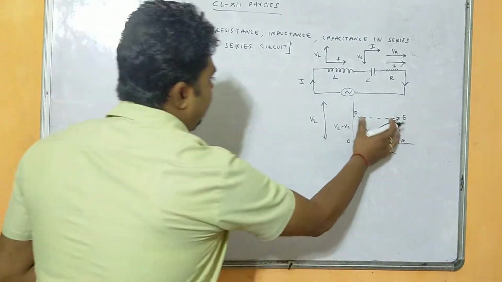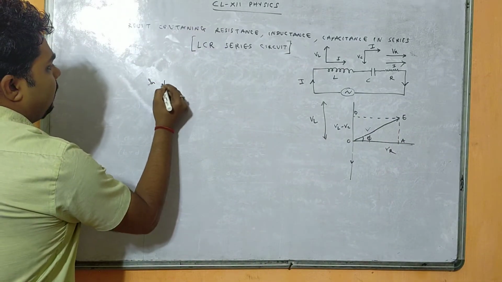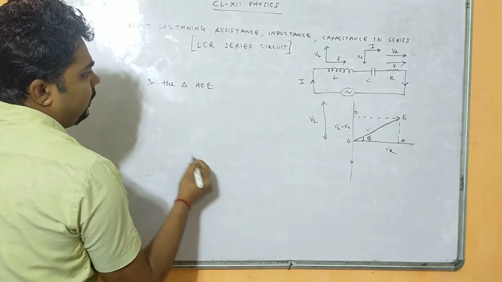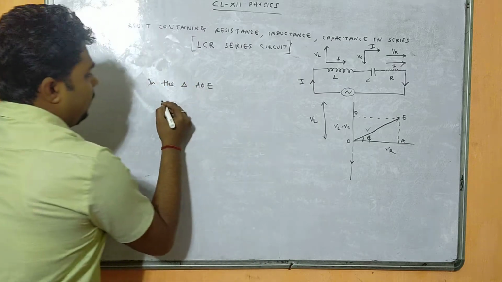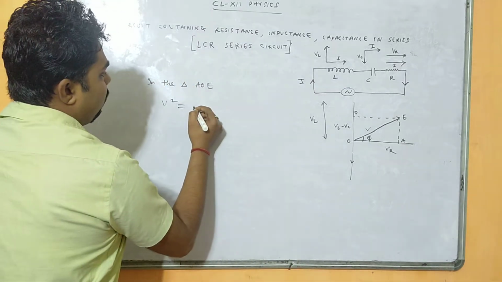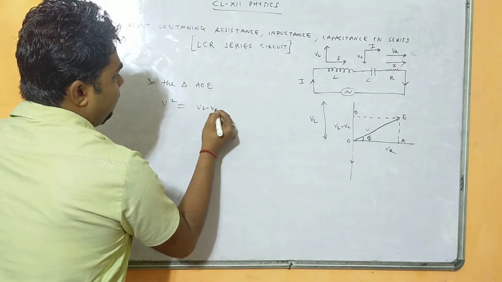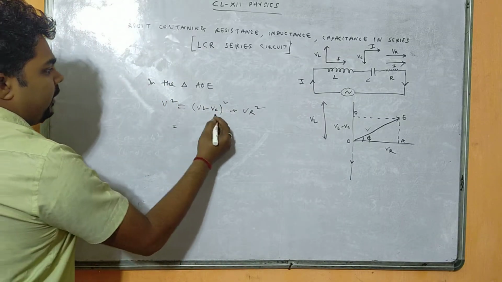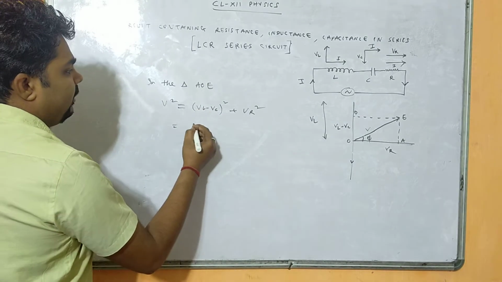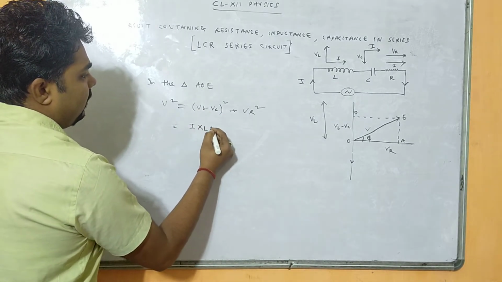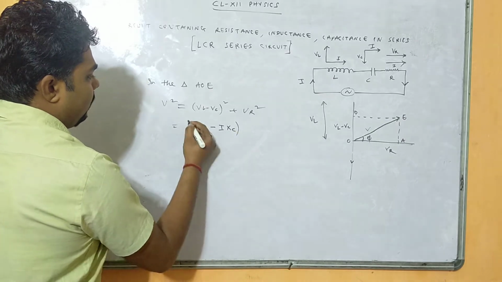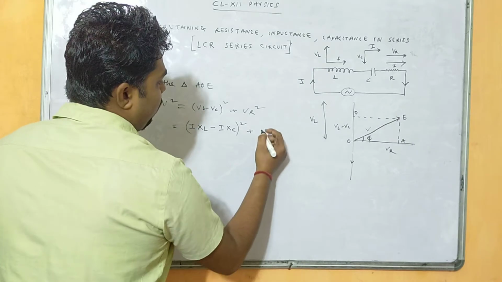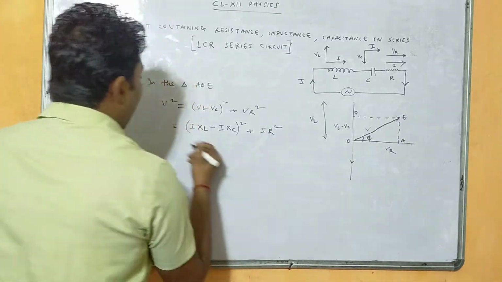Now we need to find, in the triangle AOE, V square equals (VL minus VC) whole square plus VR square. Okay, so VL minus VC, we know, last day we have seen that is (IXL minus IXC) whole square plus VR square means (IR) square.